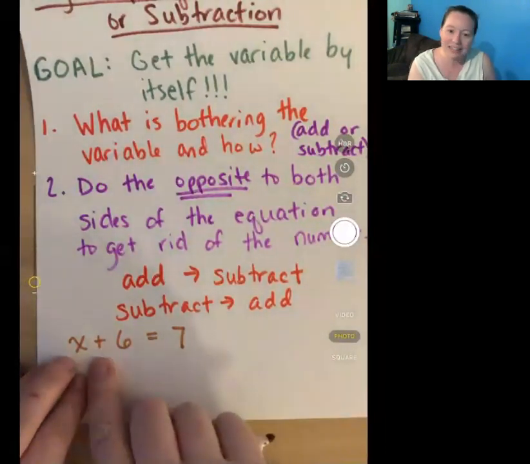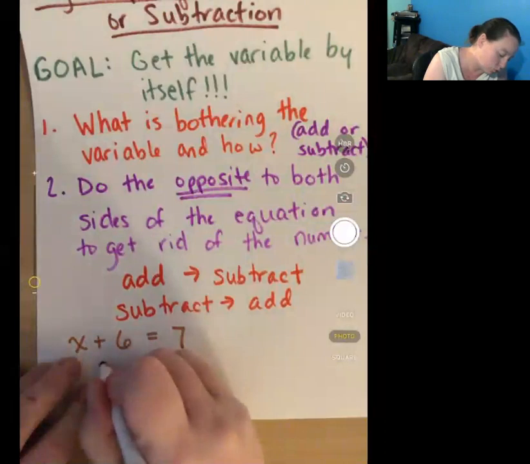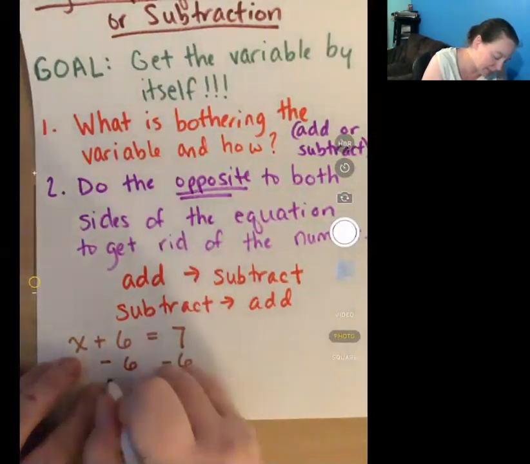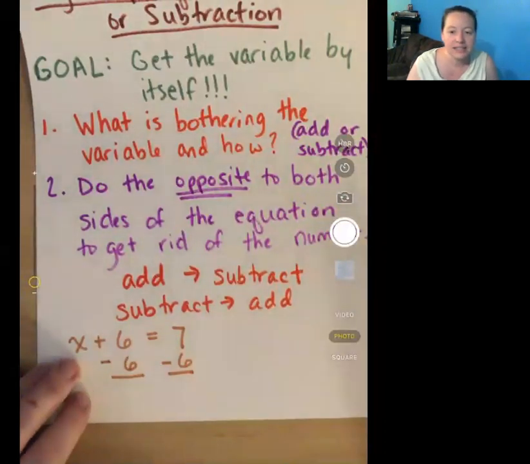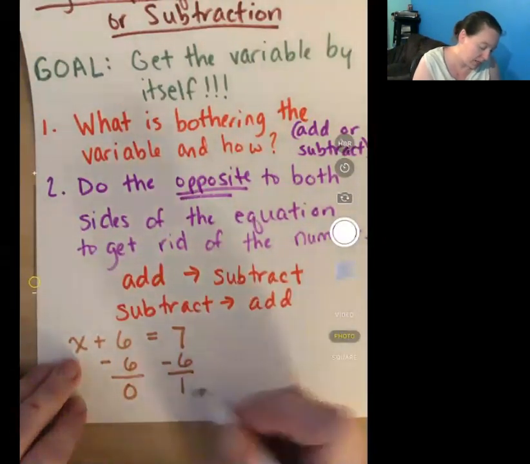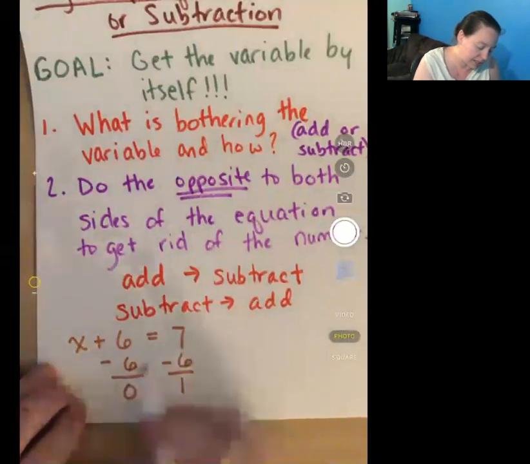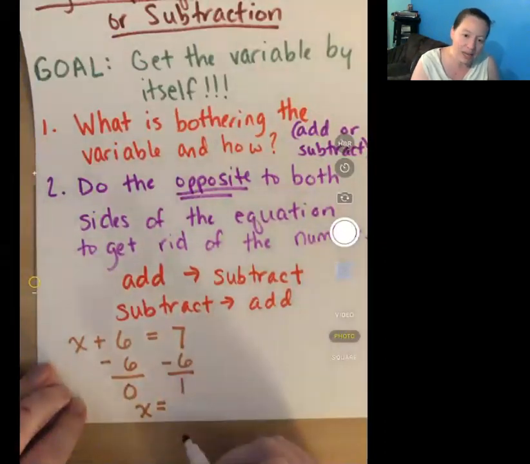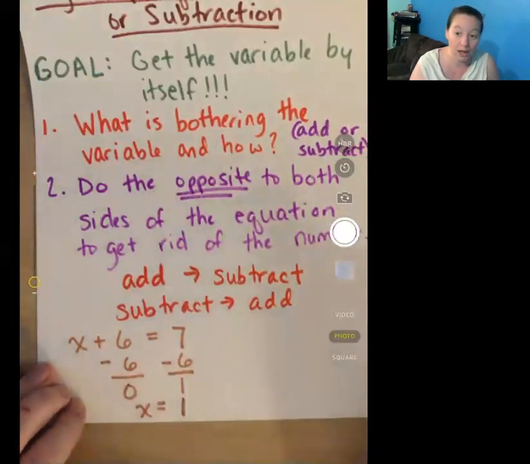Since this is added right here, I need to subtract to get rid of it. So minus 6, minus 6. 6 minus 6 is 0. 7 minus 6 is 1. So all I'm left with on this side is x. I have the equal sign, which I did nothing to. And on this side, I now have the number 1.